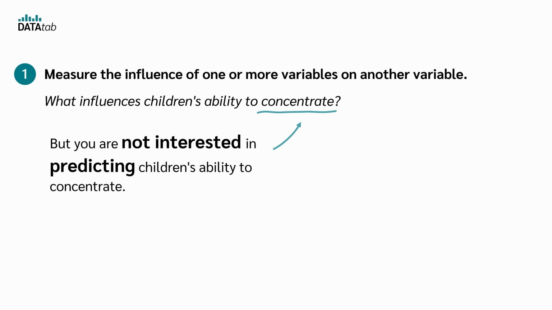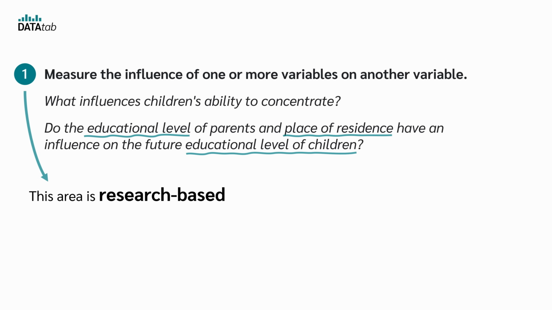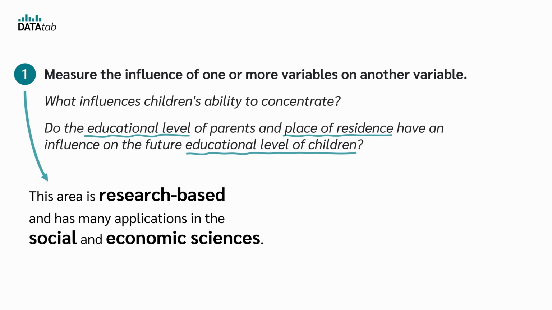But in this case, you're not interested in predicting children's ability to concentrate. Or you could investigate whether the educational level of the parents and the place of residence have an influence on the future educational level of children. This area is therefore very research-based and has many applications in social and economic sciences.